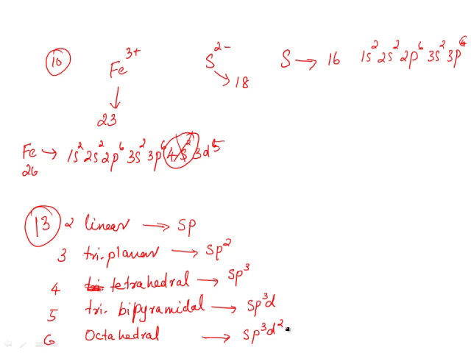Now, the actual shape could be different from those names. Hybridization will not change. Hybridization always comes from the parent domains. Once you decide the parent domain of a central atom, you can write the hybridization immediately. Actual shape will be different.